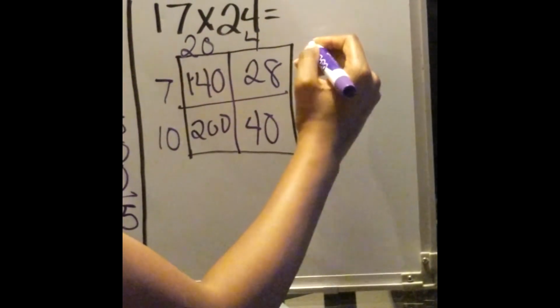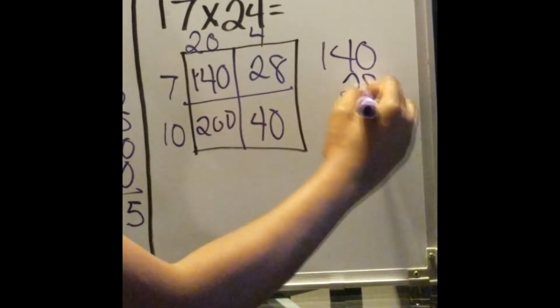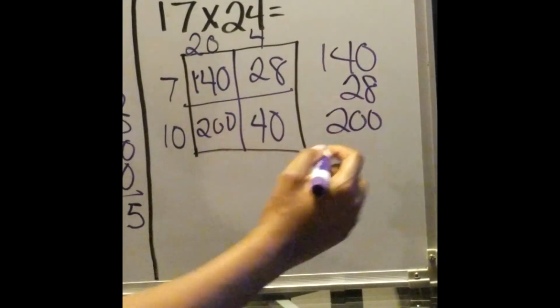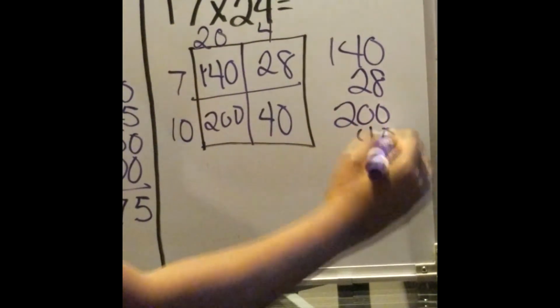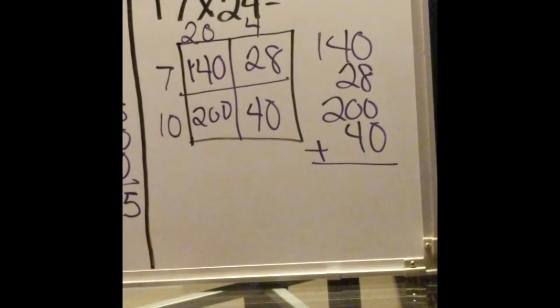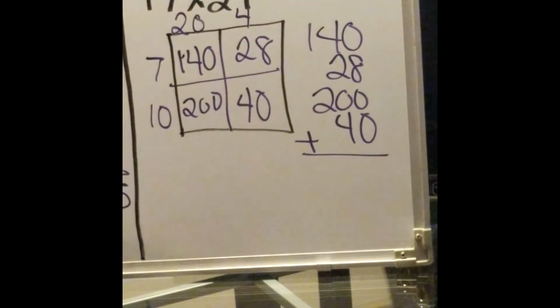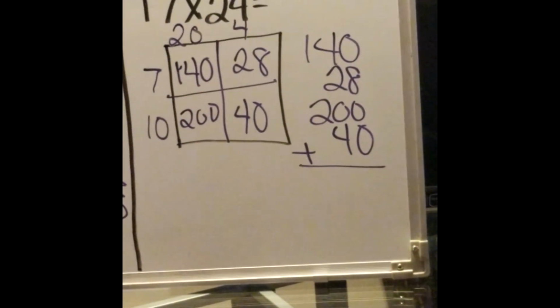Okay, so I have 140 plus 28 plus 200 plus 40. Now I'll line them up by place value. My ones are under the ones, tens are under the tens, hundreds are under the hundreds. And now it's time to finish adding.